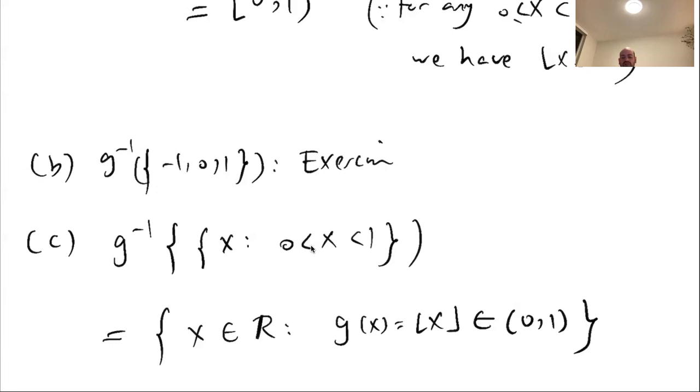If the input is 1, the output is also 1, not inside this set. 1.2: again the output is 1, not inside this set. So this set, as you can guess, is the empty set.